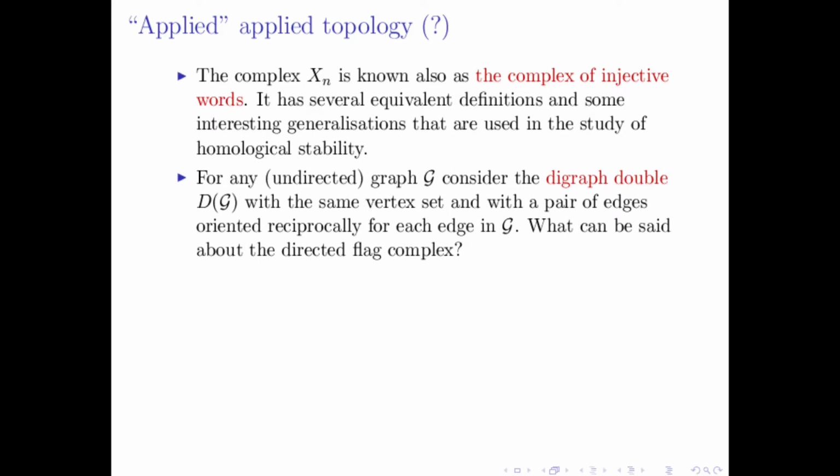You can take an undirected graph, and then take the doubled one. So for every edge, you double it. You take the two edges going both directions. And you can ask, well, what do you get when you take the directed flag complex of that?